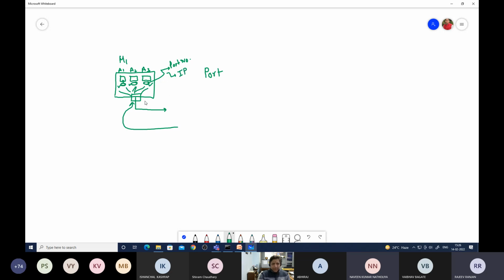So if a machine has IP address, suppose IP M1, these 3 sockets will be running on different ports, but the IP would be the same. A port is just a number, or the identifier of a buffer, which is the socket; in another term we can say a socket is a buffer.